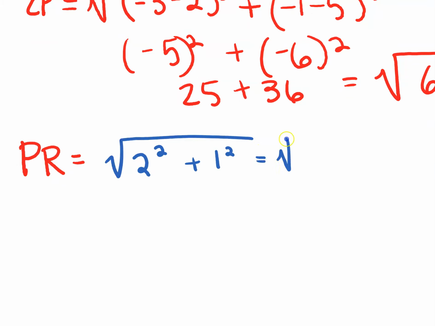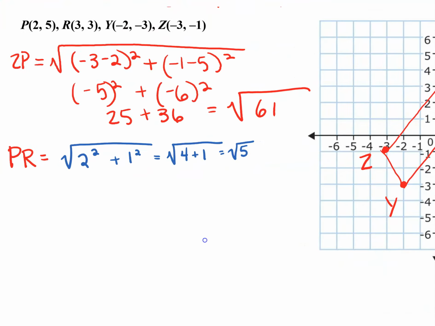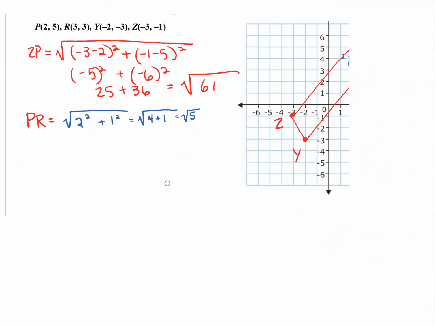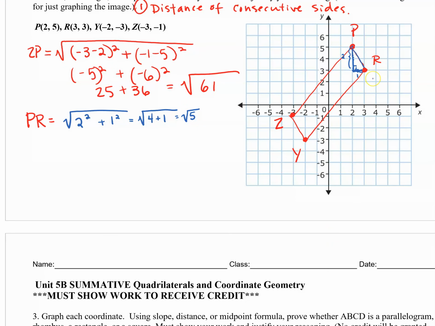Okay, work this out. 2 squared is 4, 1 squared is 1, so the square root of 5 is the distance from P to R. So then I can compare: the distance of Z to P is the square root of 61, and P to R is the square root of 5, clearly. So the question is, are those equal or not? They are not equal.